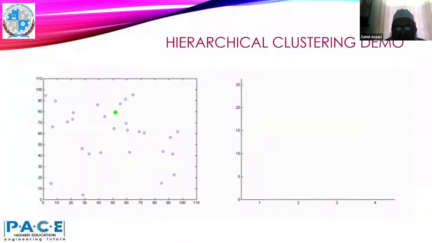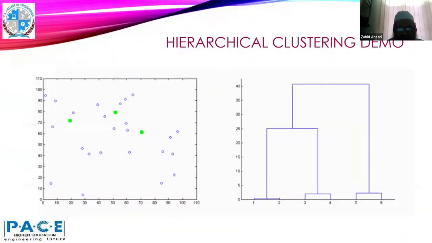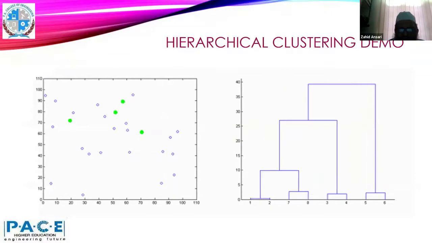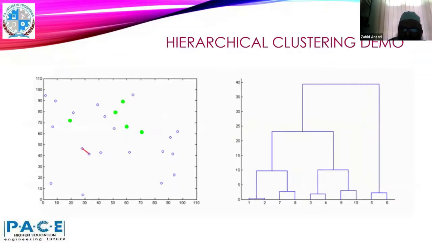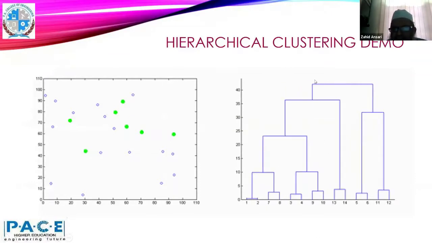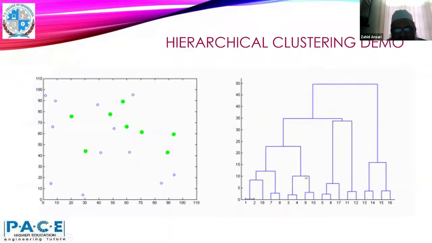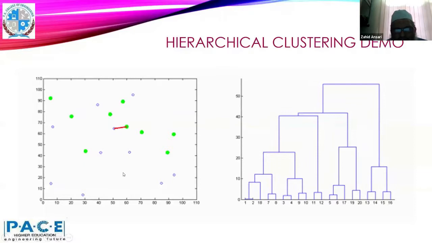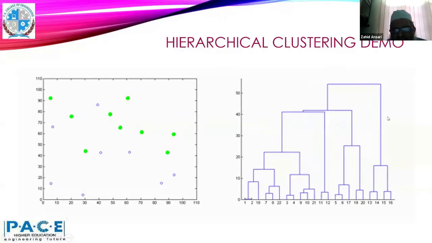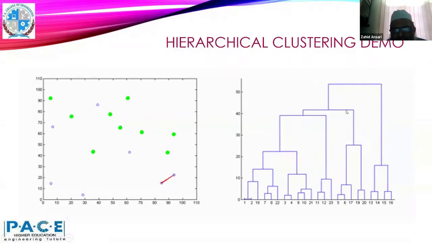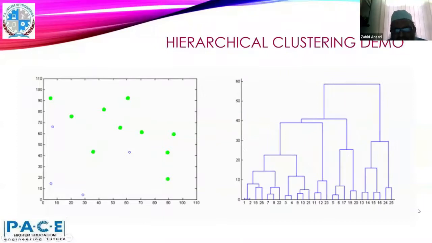Okay, a hierarchical clustering demo is here. Just look at it. The closest ones are getting merged, and accordingly the dendrogram is getting updated. Based on the closeness of the clusters, new merges are getting added in the dendrogram.